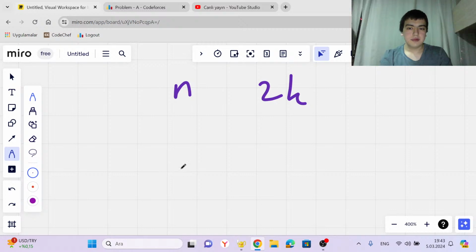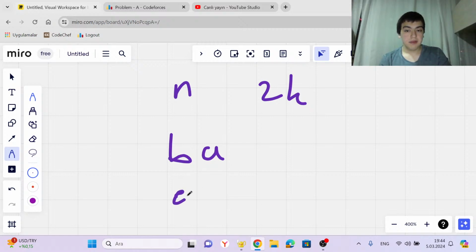If we have a string like BA, we need to reverse it because AB is smaller than BA. So we should reverse this string in order to obtain a lexicographically smaller string.